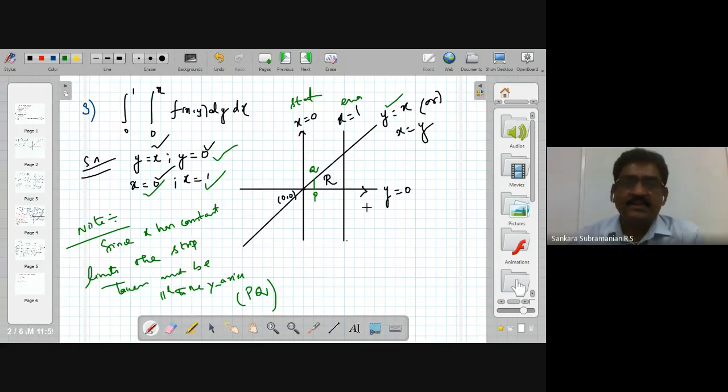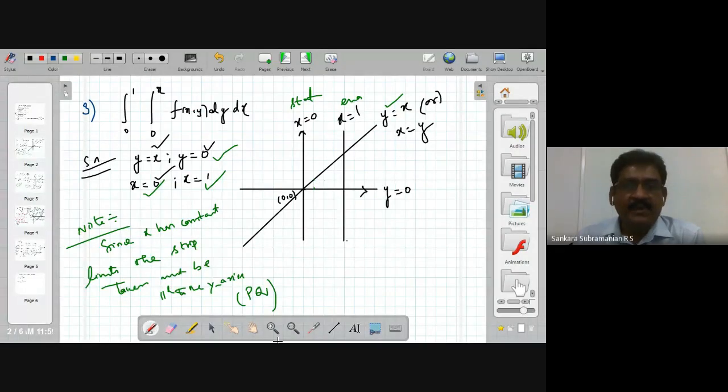Now the question is, change the order. How to change the order? Instead of taking the strip PQ, you take another strip called P dash Q dash or RS. So this is the original diagram.